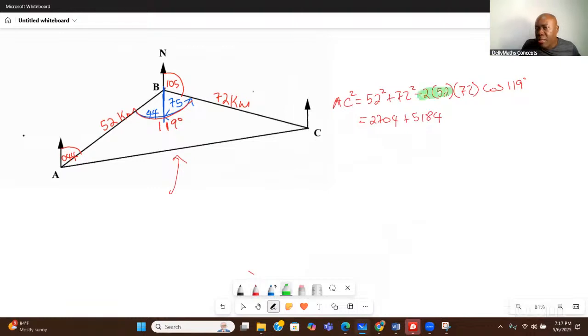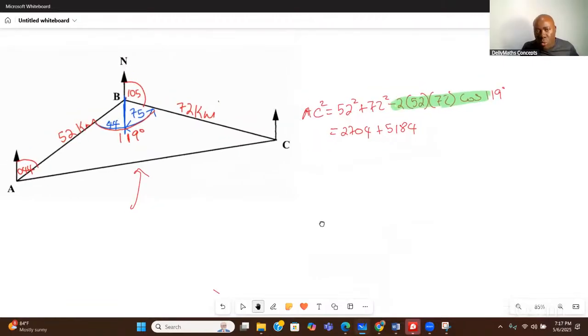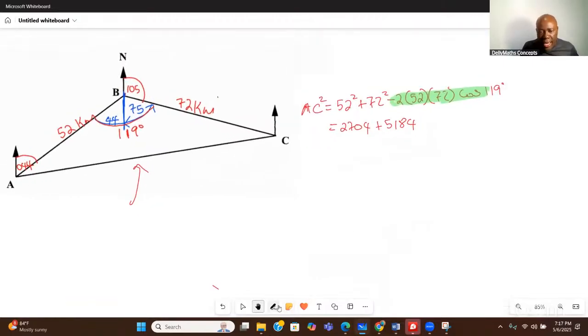Clear your calculator, and then you're going to put all of that on your calculator at once. I'm referring to negative 2 times 52 times 72 times cosine of 119. Also, make sure that your calculator is actually in degree mode.